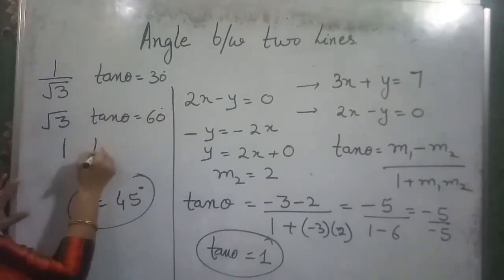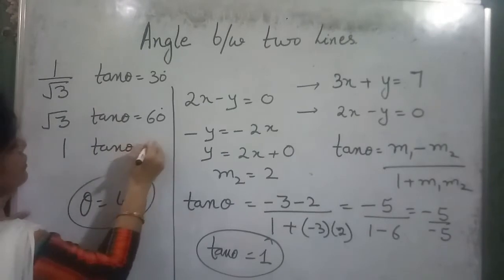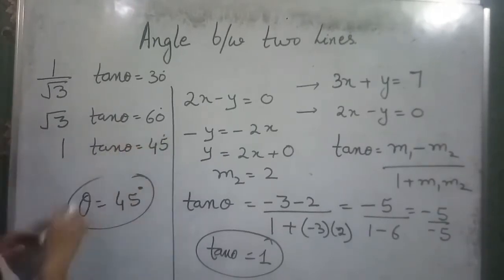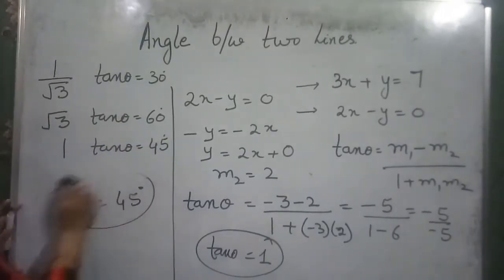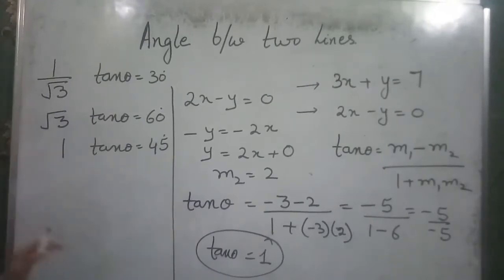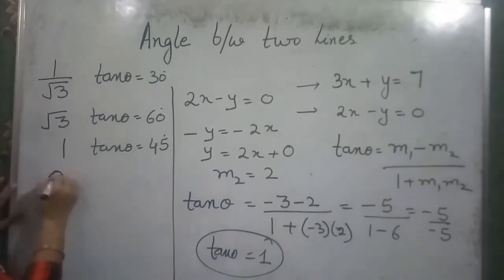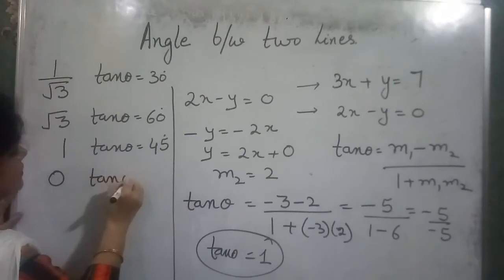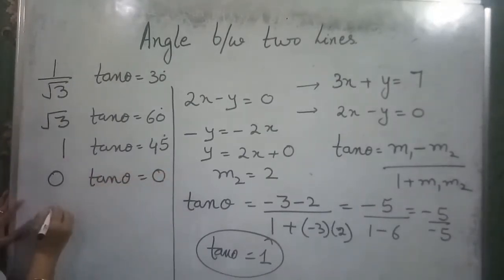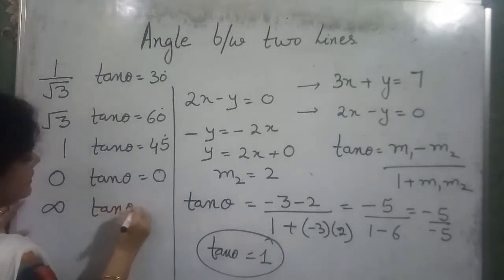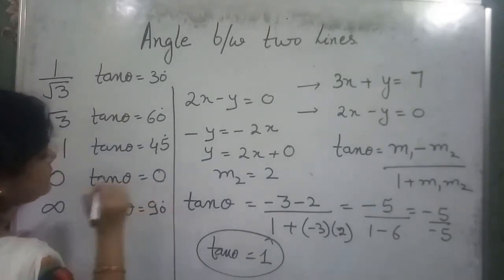If we have 1, then theta is equal to 45 degree. Okay. Similarly, if tan theta is 0, then theta is equal to 0. And if we have infinity, then theta is equal to 90 degree.